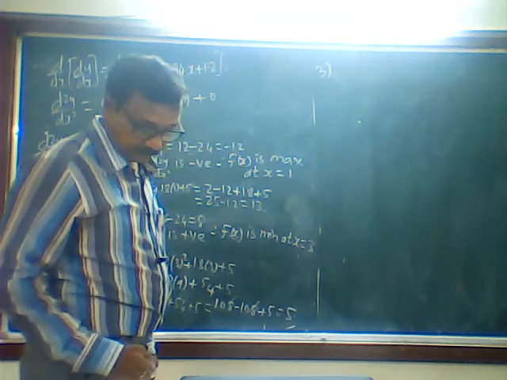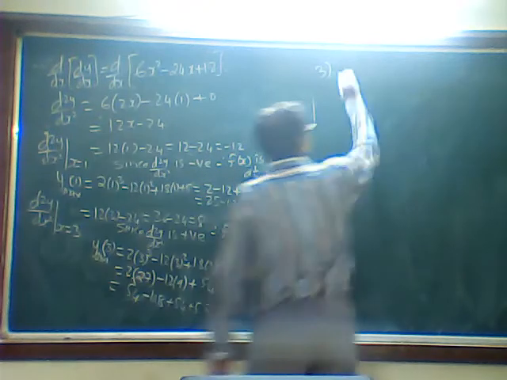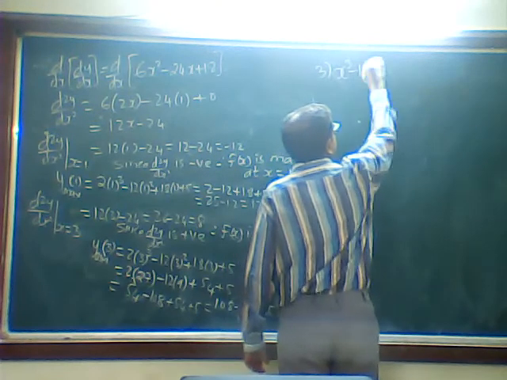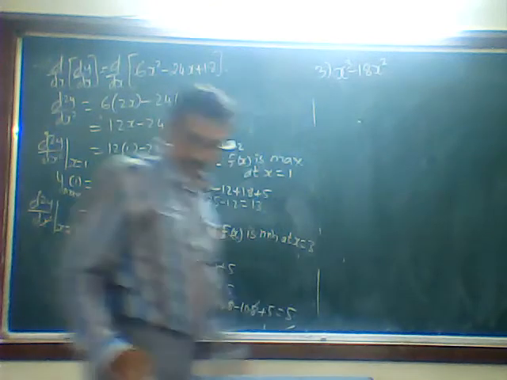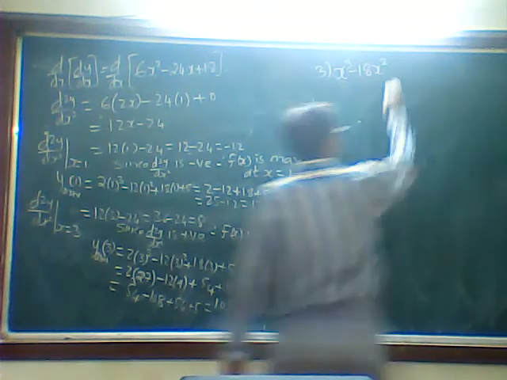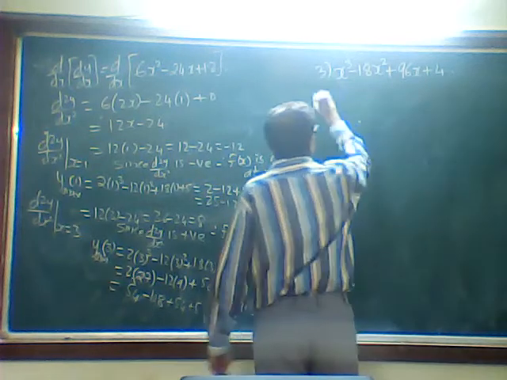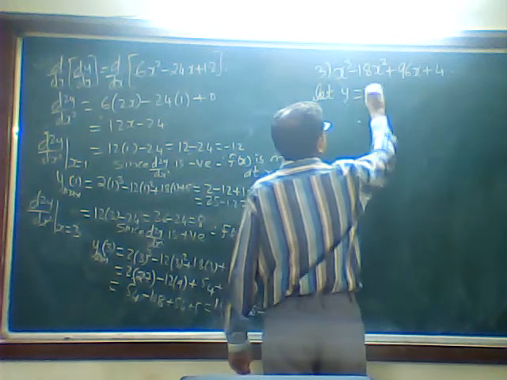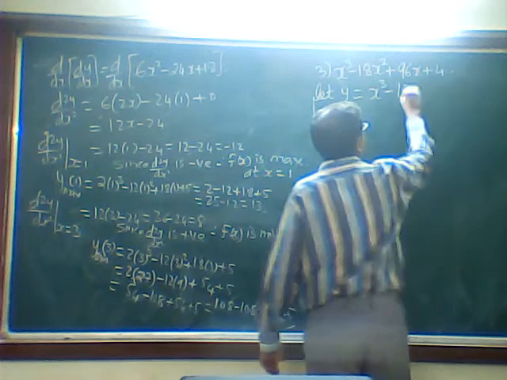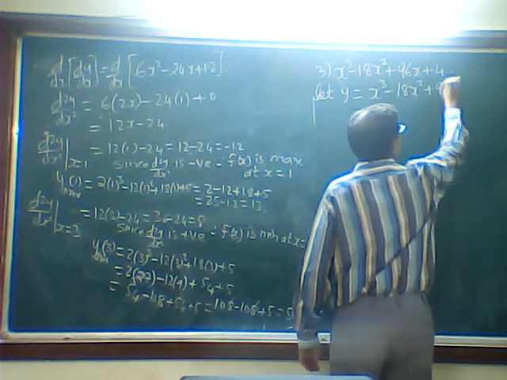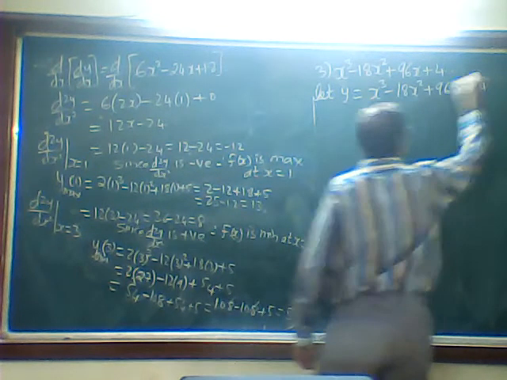Third one is x cube minus 18x square plus 96x plus 4. Let y is equal to x cube minus 18x square plus 96x plus 4.